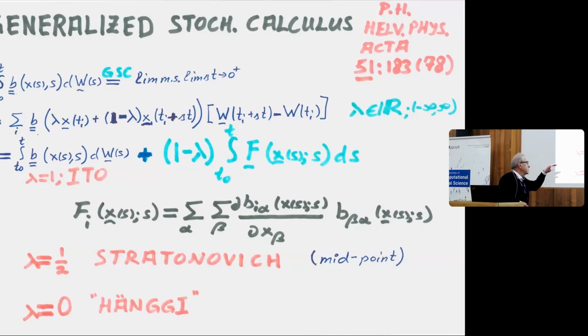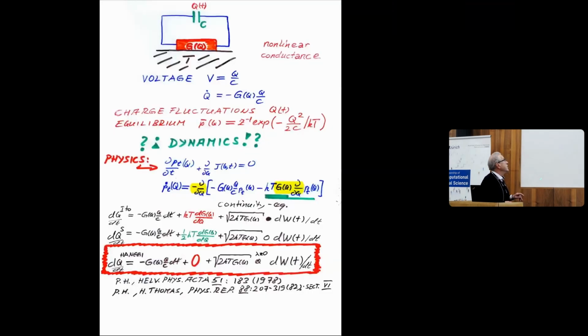And I say the Pauli point is also a good one, and you see why on the next page. Because this was also a big debate. You see, that's where physics comes in. Imagine you have a bath, and you have a linear capacitor, and you have a nonlinear resistance. Then of course you have charge fluctuations on the capacitance, right?